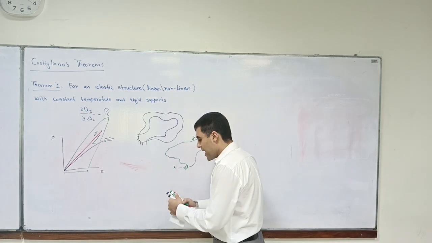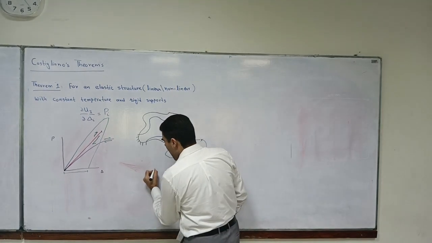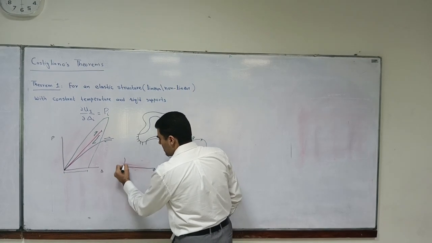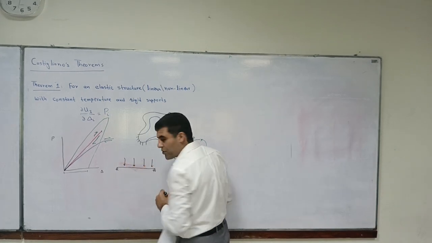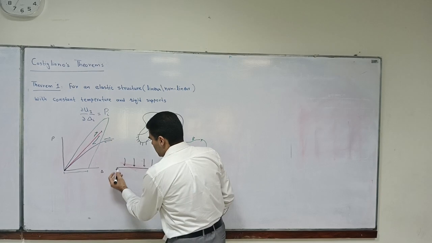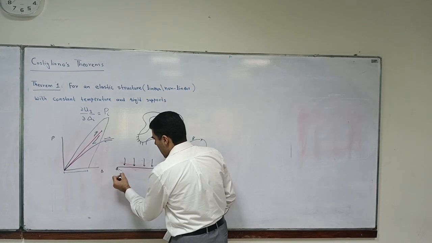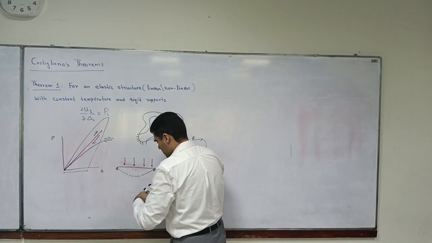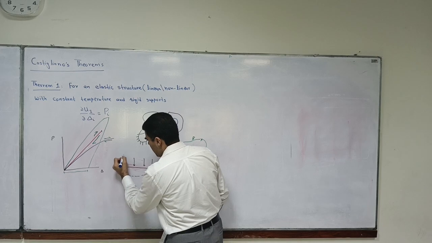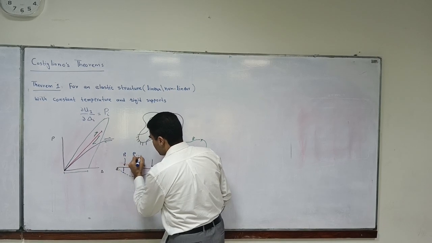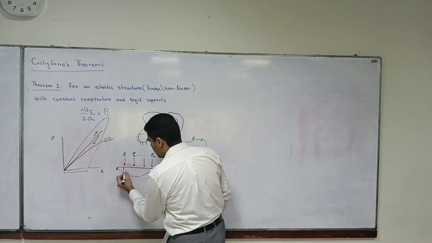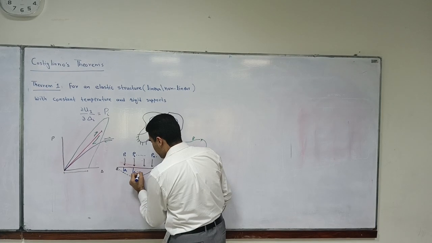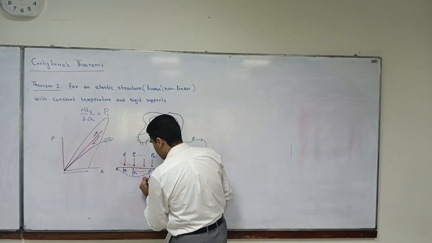So in other words, if I have a beam where many loads are applied, and under these loads I have got some deflections, imagine this is P1, P2 and so on, Pn, and these are delta 1, delta 2 and so on, delta n.